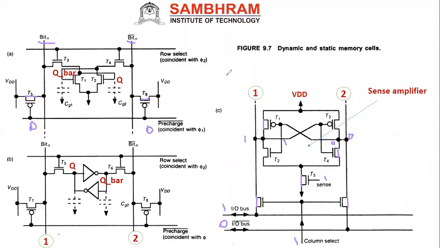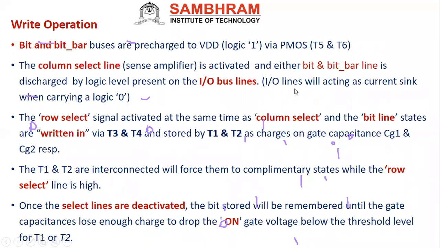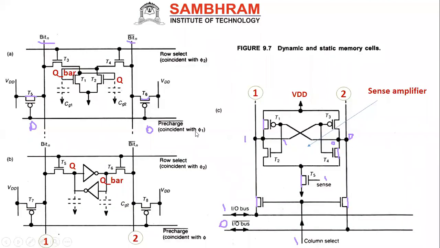So the input output lines act as a current sink when carrying the value 0. This one is carrying a 0 actually. If any one of the lines is carrying value 0, then this will act as a current sink.